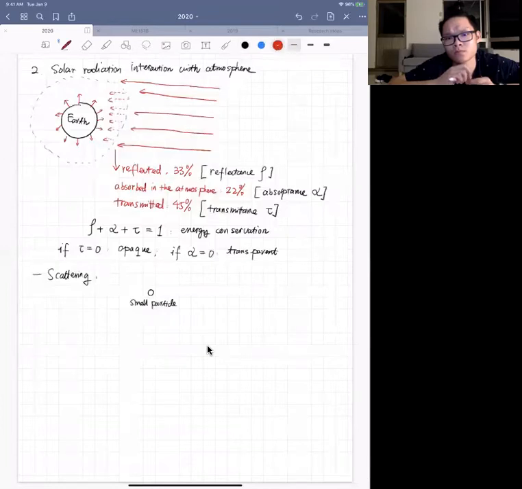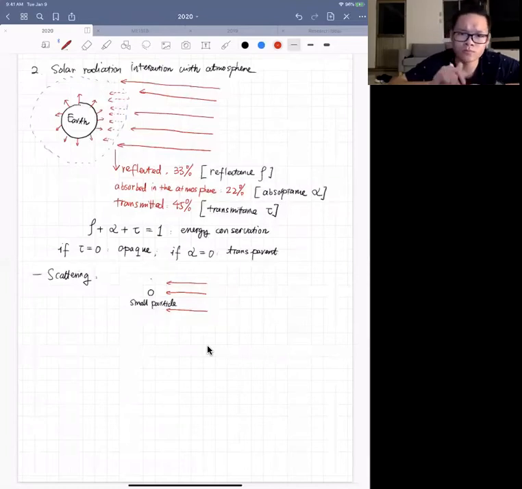When the radiation comes in, it is not necessarily reflected or absorbed by the particle, but the particle is like a defect, an obstacle in the path of the radiation. What it does is scatter, so it can change the travel direction of the incoming radiation.